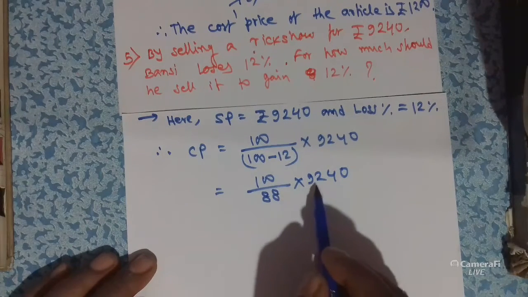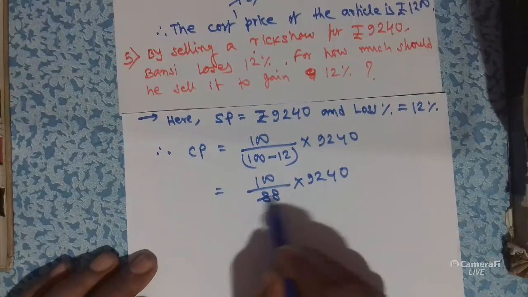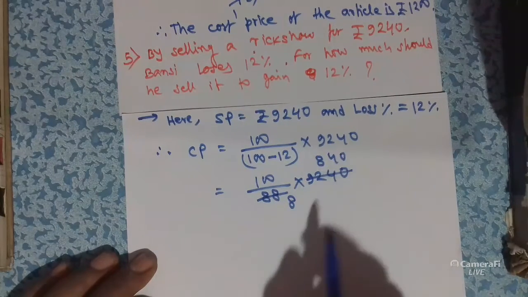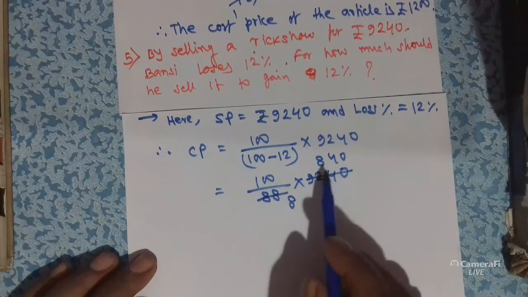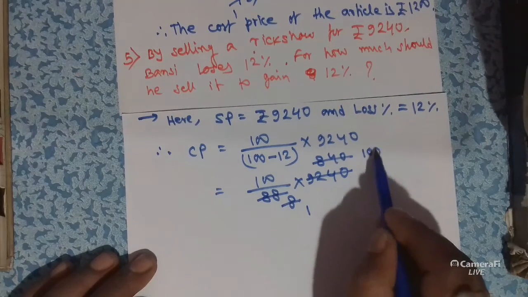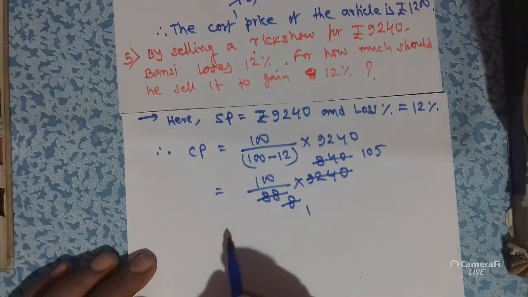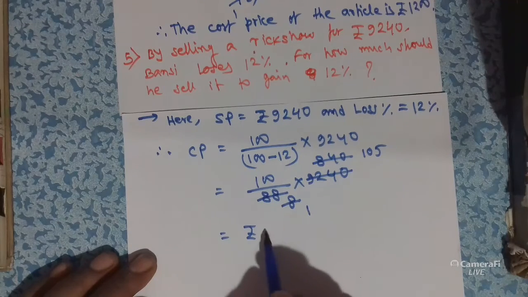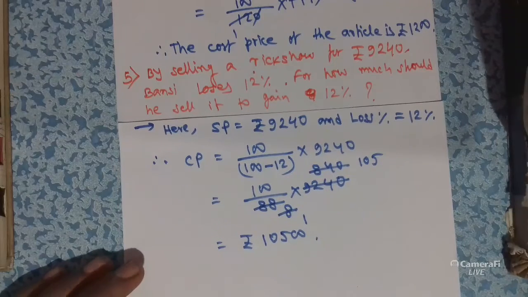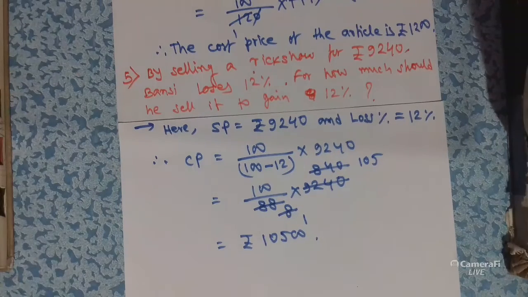We can divide 9240 and 88 by 11. Now again we can divide 840 and 8 by 8. So therefore cost price is equal to 10,500. So 10,500 is the cost price of the rickshaw.